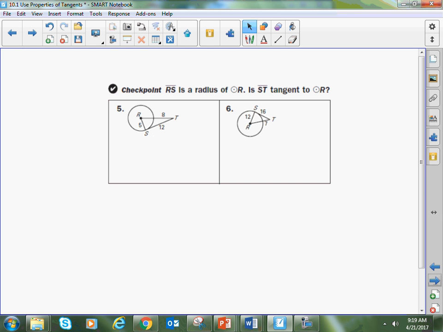All right. One of the things you need to pay attention to here, let's look at problem number 5. We have ST right here, and we have RT here. But what we're looking at specifically is the external segment of RT that's 8 units long.